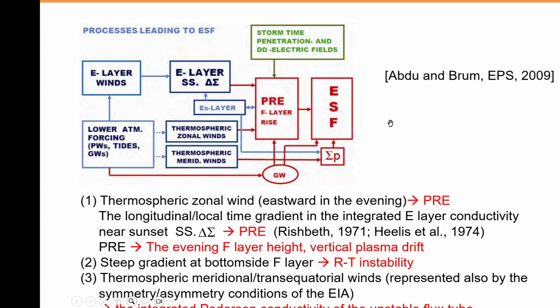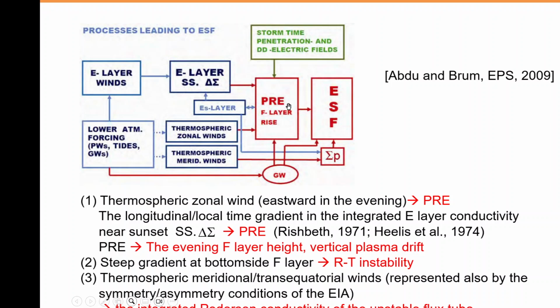One of which is the PRE of the F layer that drives the ESF or bubbles. There are gravity waves from the ground. They are like sound waves, very low speed, very low frequency, and this is one reason why, when there are volcanoes or earthquakes, these very low frequency sound waves get pushed up to this layer as well.